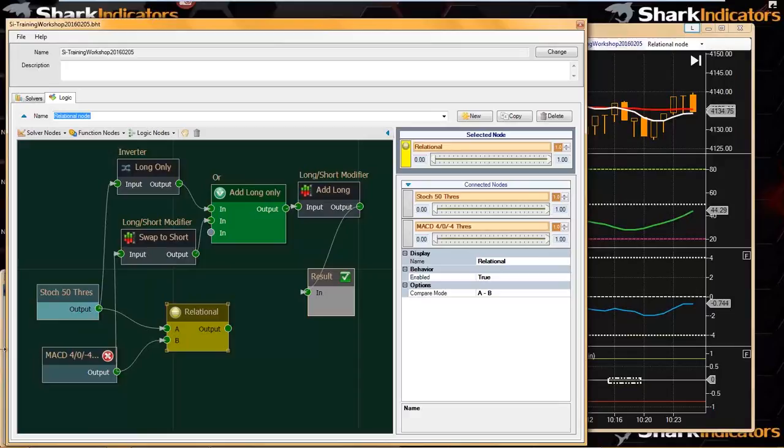Yeah, so am I understanding that correctly, Frank? I guess you've got one indicator or solver generating a positive value, and then you have a different indicator or solver generating a negative value.